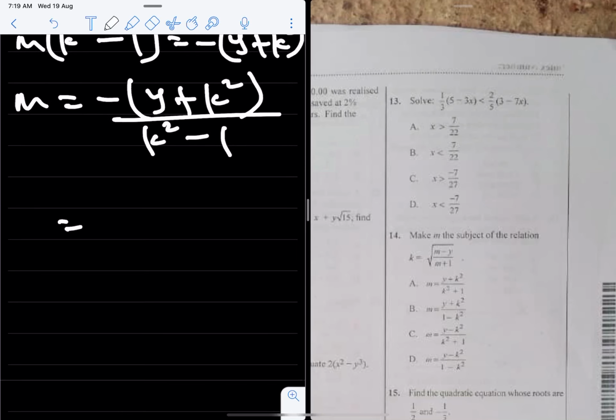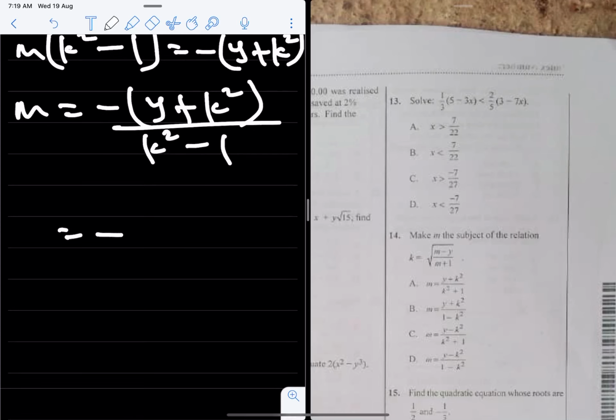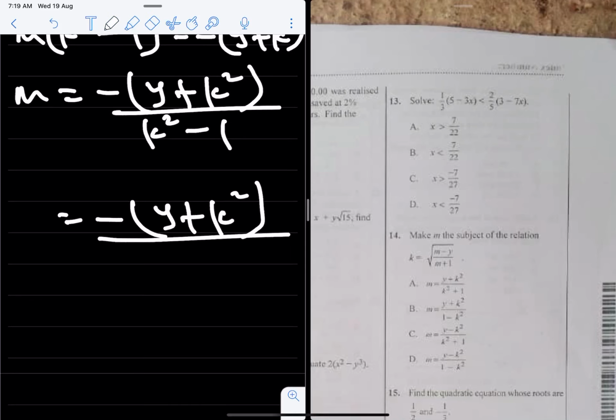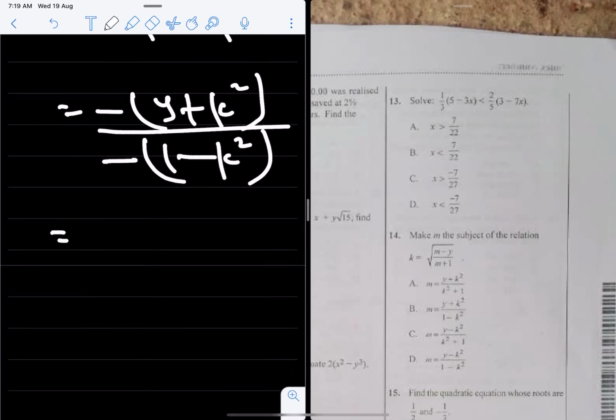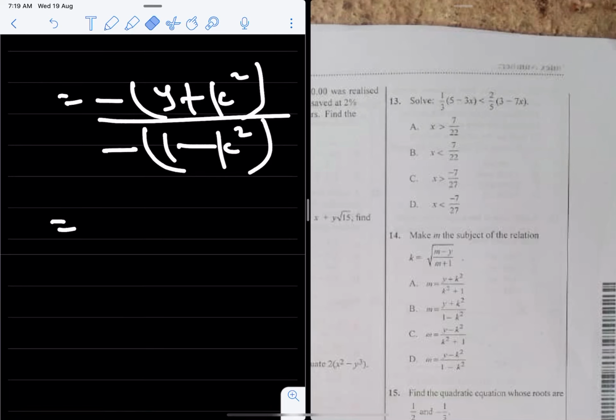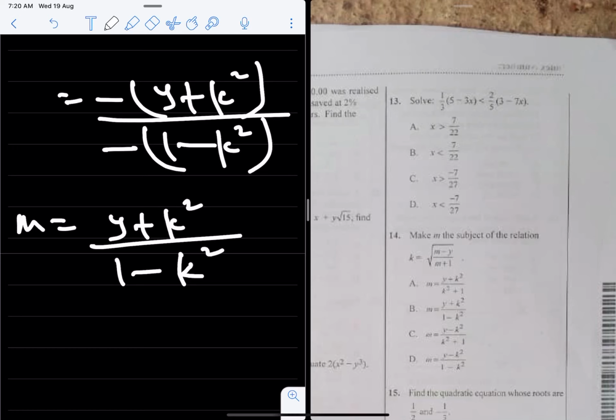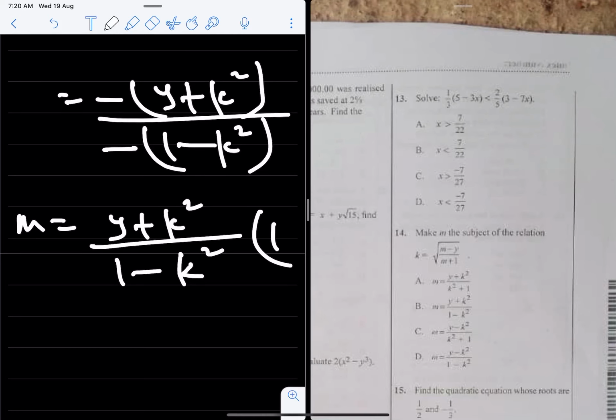To get rid of the negative sign at the numerator, I can write this as y plus k squared over minus into bracket 1 minus k squared. If you take a second to check that again, you understand. That's the same as y plus k squared all over 1 minus k squared. And the correct option is y plus k squared over 1 minus k squared. The correct option is B.